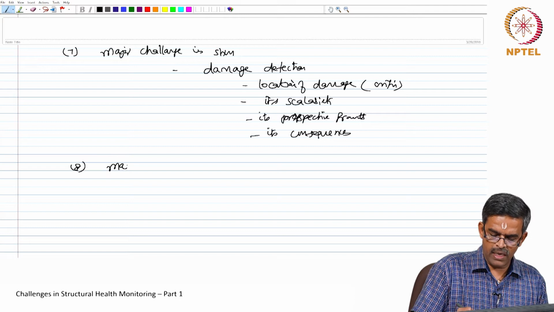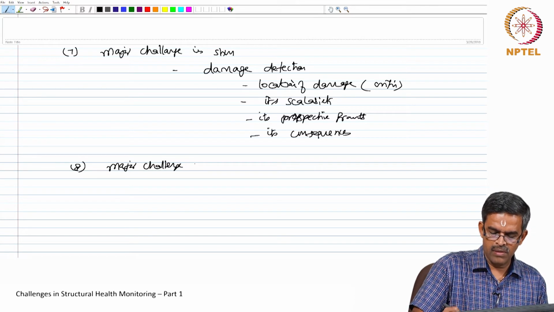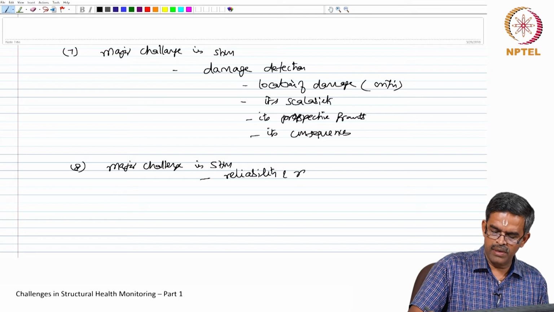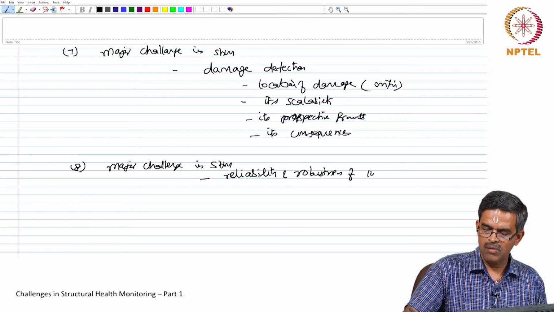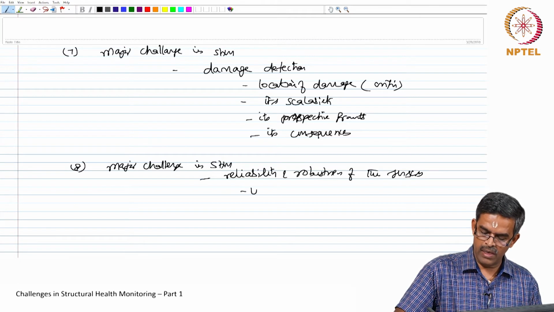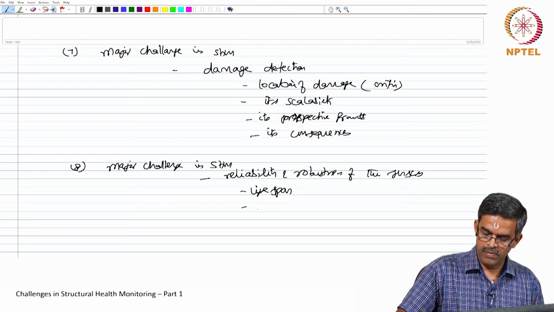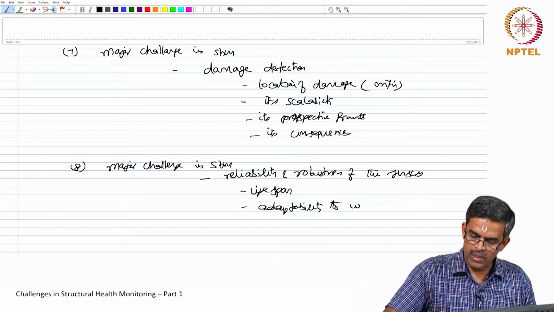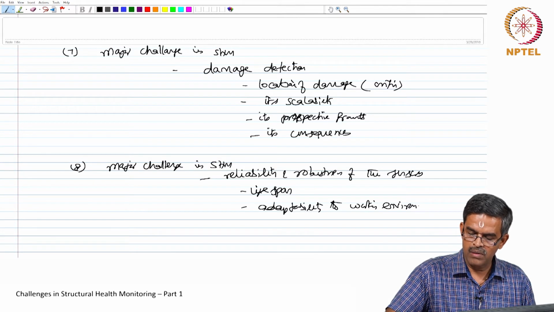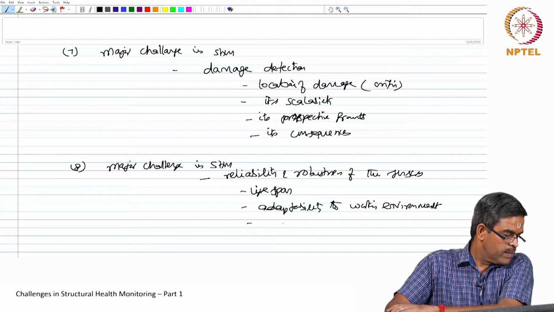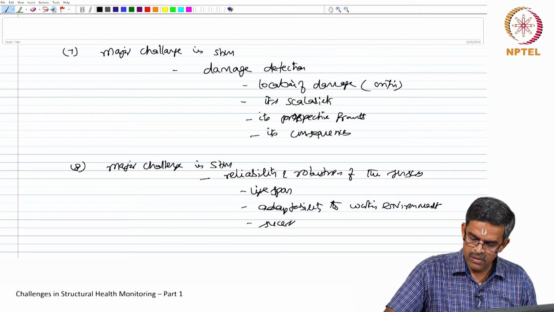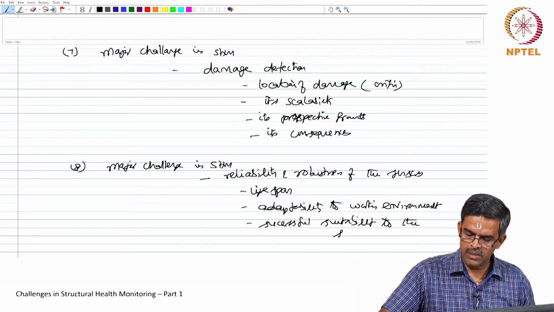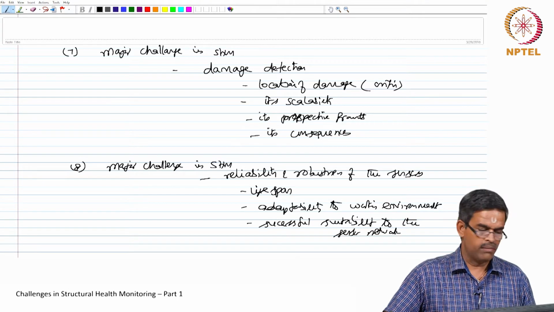Other major challenge is again reliability and robustness of the sensors, their lifespan, their adaptability to working environment, successful suitability to the sensor network are all considered to be major challenges.